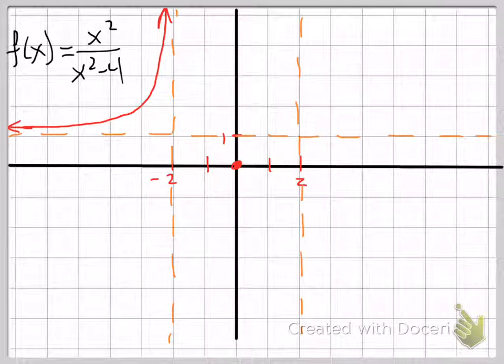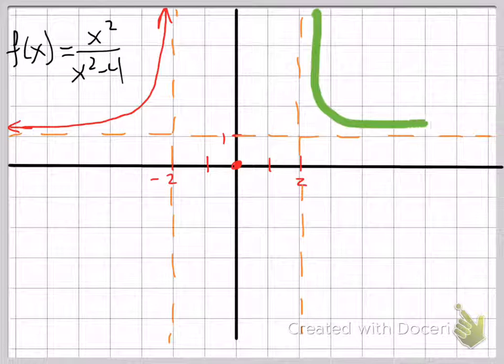Okay. Now we can kind of cheat here because I know it's an even function, so it's going to be symmetric over the y-axis. So I know that it's going to have this piece on the other side of the y-axis.